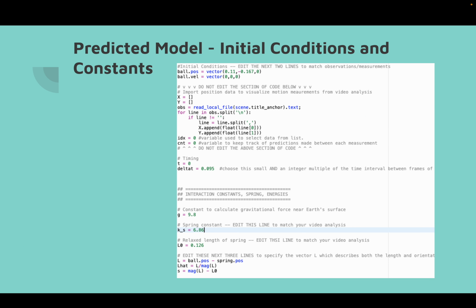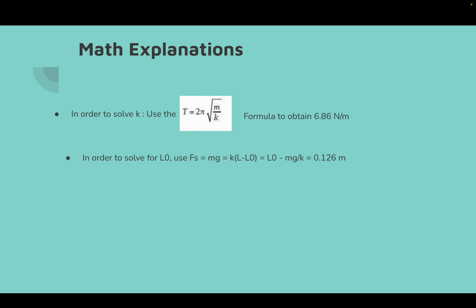So let's look at the initial conditions in the code. I use my initial ball position and velocity, and then time equals 0, delta t equals 0.095, like I mentioned before. Our gravitational constant is 9.8, our spring constant is 6.86, while the relaxed length of the spring is 0.126, which I found using these formulas.